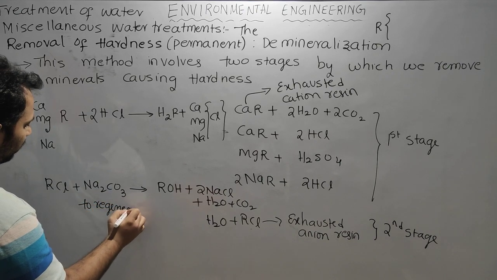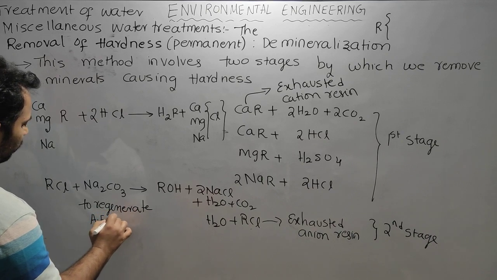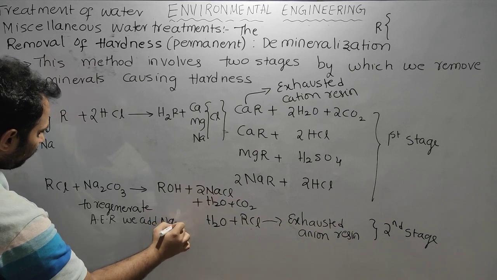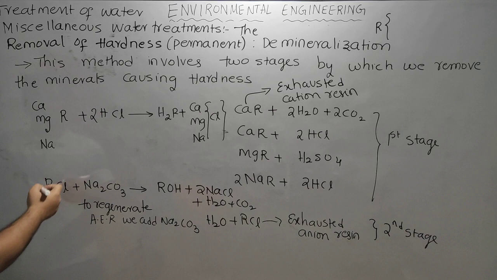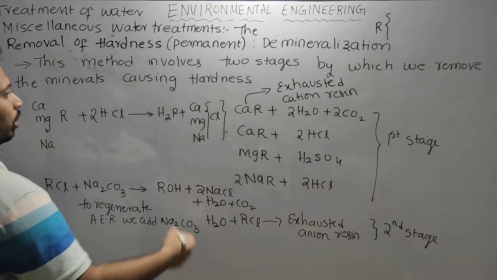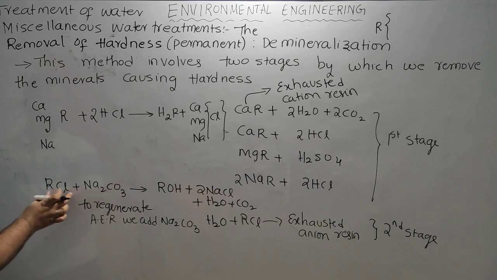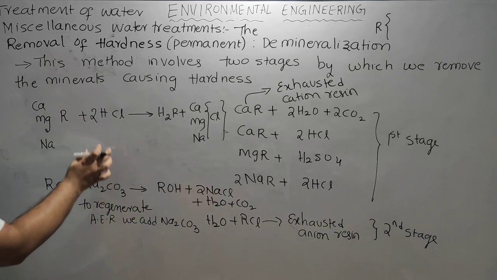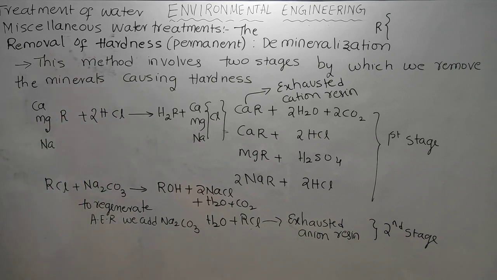This is important for the exam. The reactants and products are not important; what is important is the main reactant, sodium carbonate. And to regenerate the cation exchange resin, we add HCl. These things are very, very important.